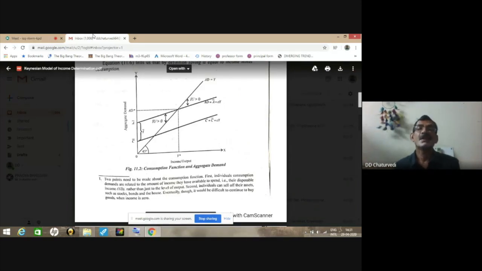There will be unnecessary accumulation of inventories, so output will be more than the demand. The gap between the aggregate demand curve and the consumption function is called investment, and this investment amount is assumed to be autonomous. In this diagram, we have assumed that there is no government expenditure and no foreign purchases. We will relax these assumptions in the subsequent subtopics.